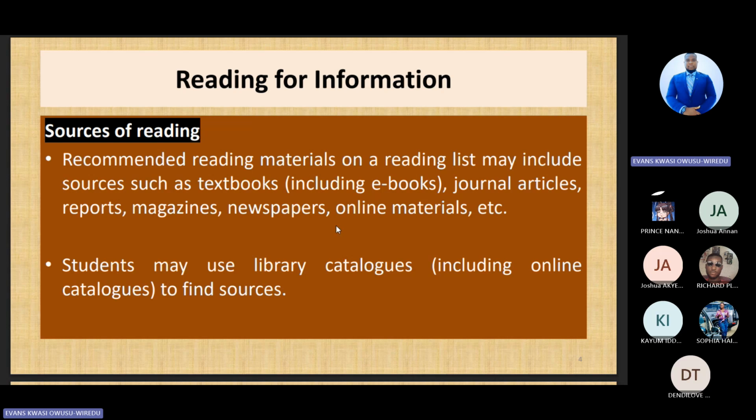So when you are reading for information, another thing to look at carefully is the source. In an academic discourse community, some of the sources that you may be getting your info from may be the ebooks.